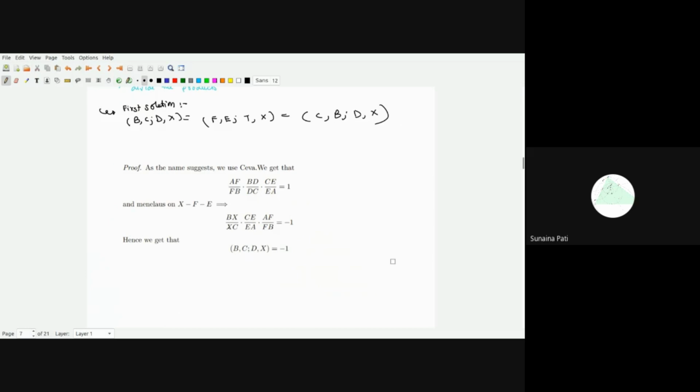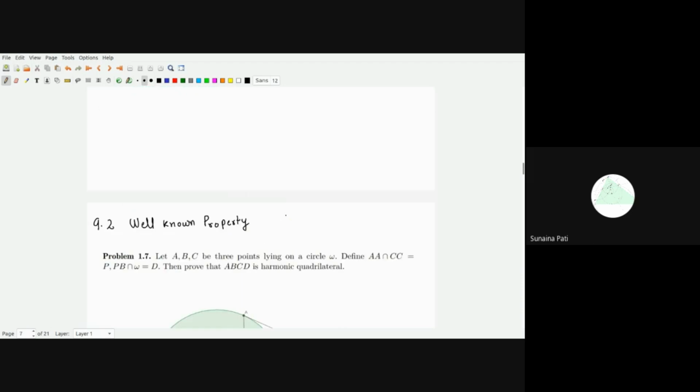And hence, you divide these two and you get BCDX equals -1. Is that fine with everyone? I think this was what Anurag wanted to tell as his proof.